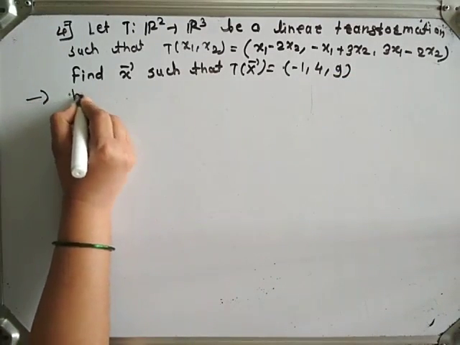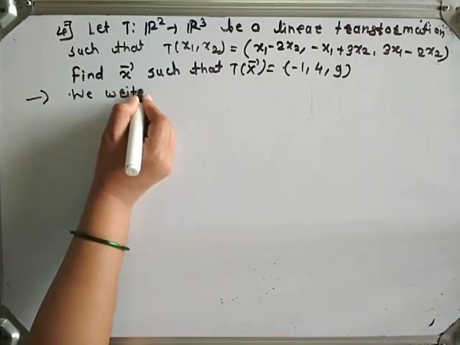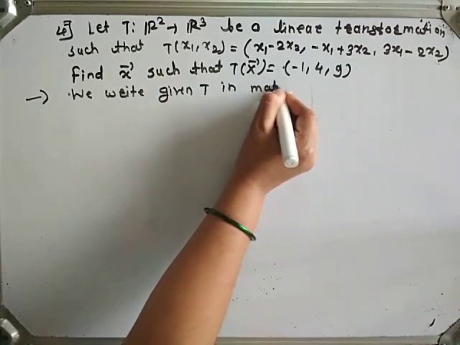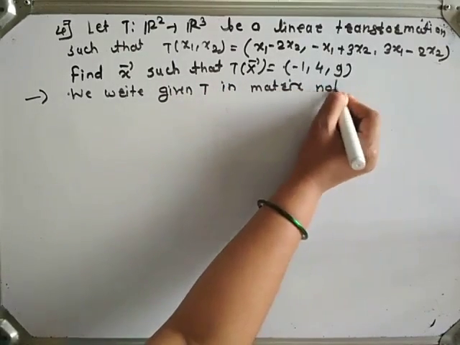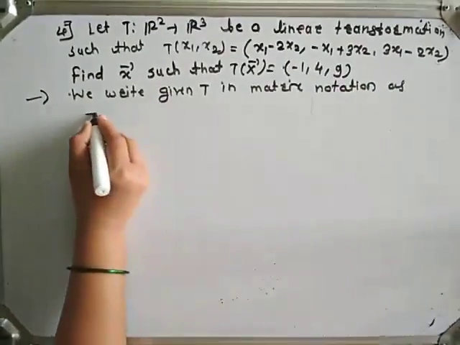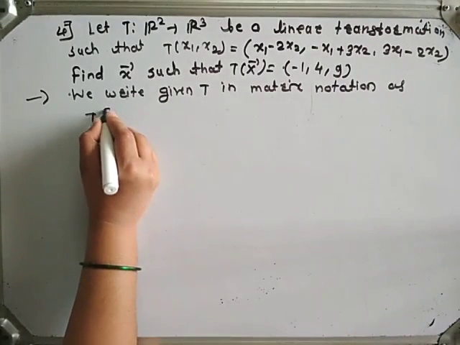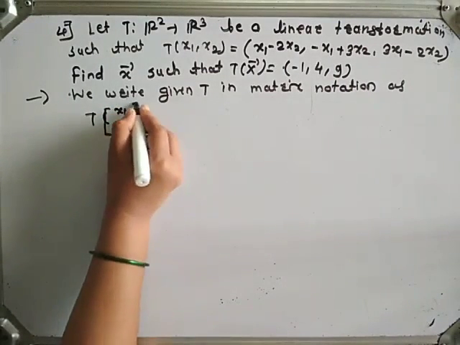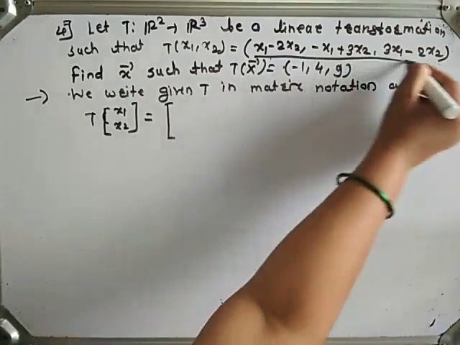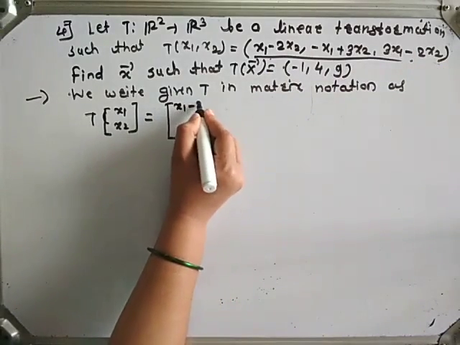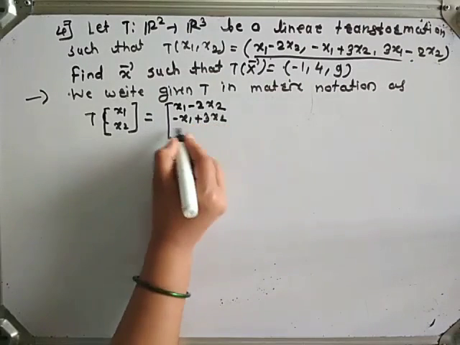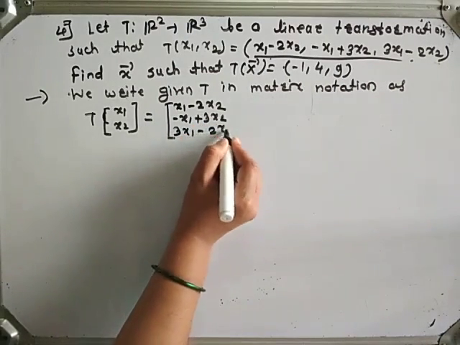Solution, we write the given T in matrix notation as T of (x1, x2) is equal to the matrix, write this vector in matrix form: (x1 minus 2x2, minus x1 plus 3x2, 3x1 minus 2x2).